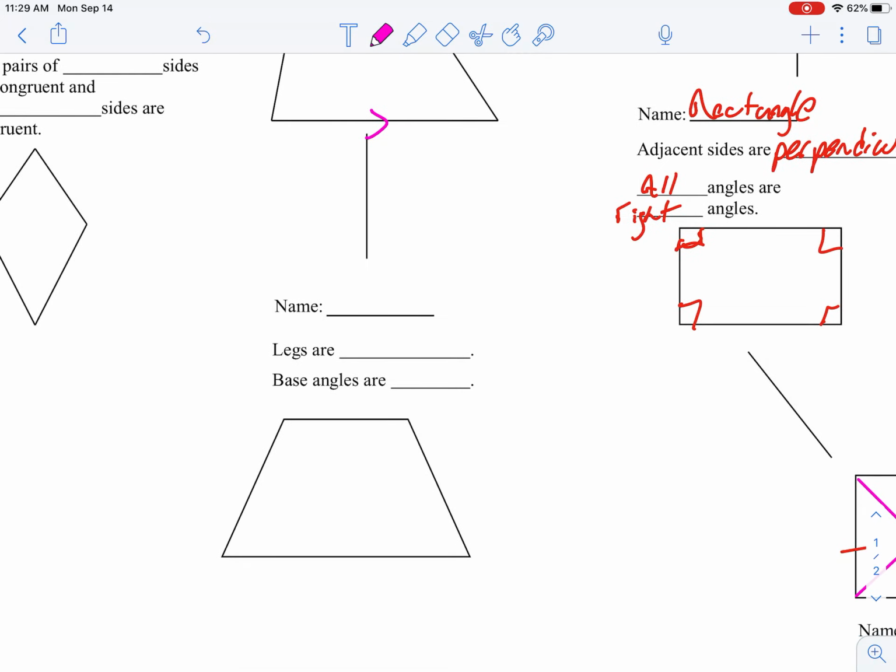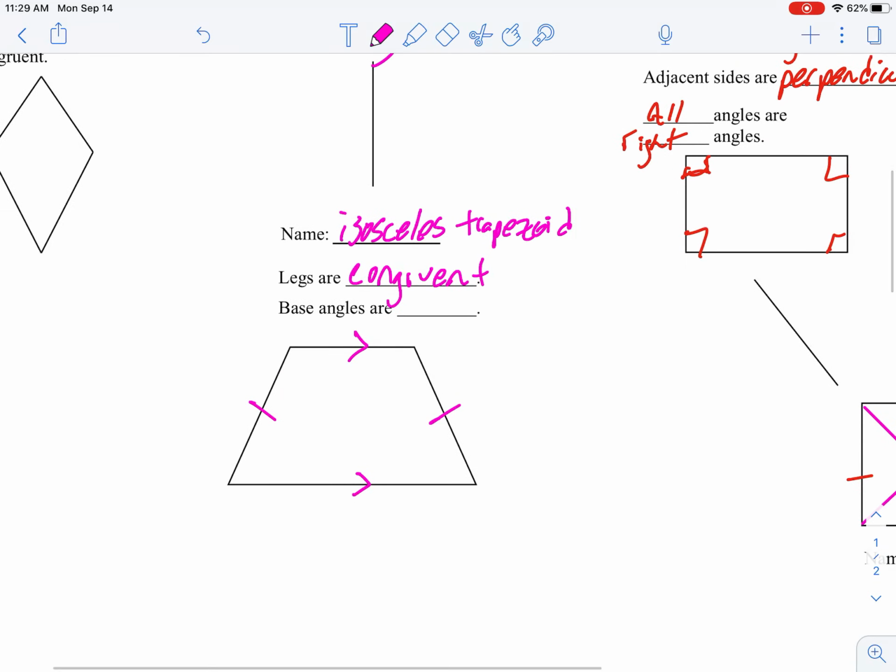Now, the one trapezoid we usually talk about more specifically is this one right here. Opposite sides are parallel, okay? And then the non-opposite sides, which is this one and this one, they are congruent. And think about what we've done before where legs are congruent. This is an isosceles trapezoid, okay? So what I just marked are legs. Legs are congruent. And then something about base angles.